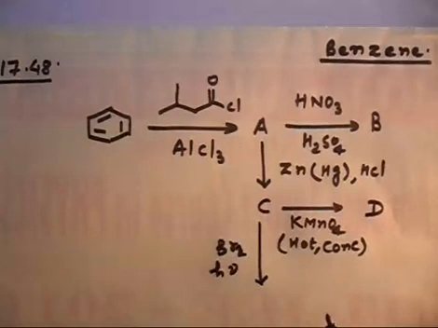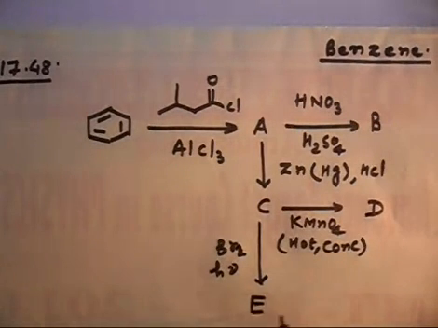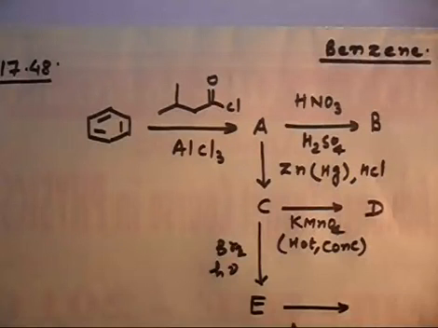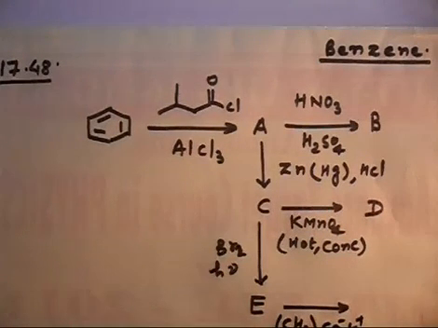This gives E. E, when it reacts with tertiary butoxide, t-BuO- K+, gives G.